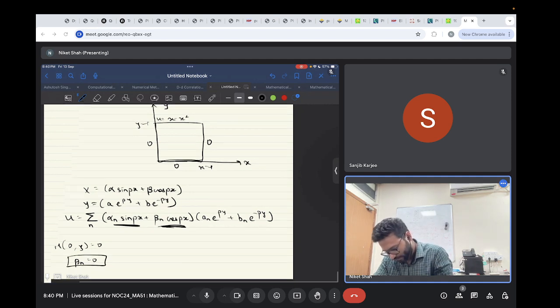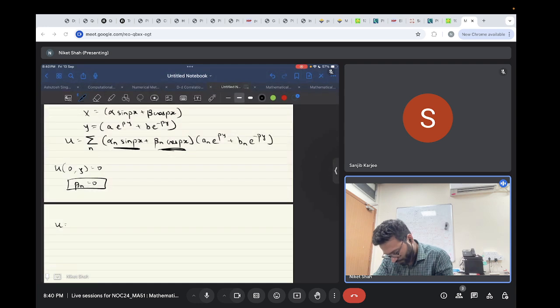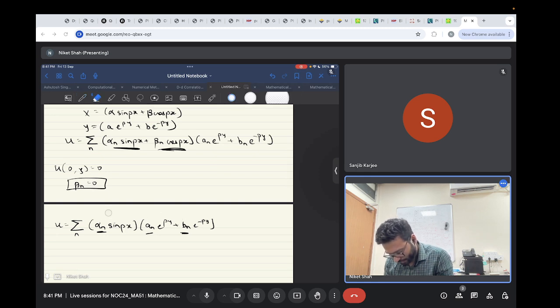This is what we get. So u becomes alpha n sine px times a n e power py plus b n e power minus py. Actually, because there are already coefficients inside, I can absorb alpha n into a n and b n, so I don't need to write alpha n separately. So this just becomes sine px.